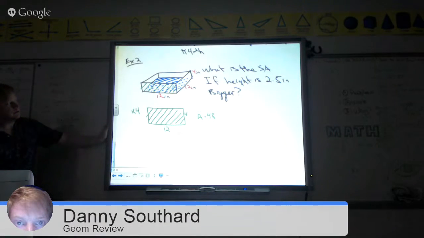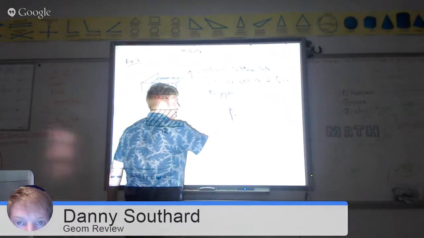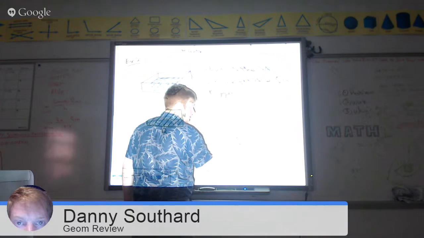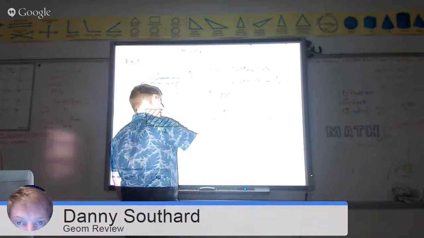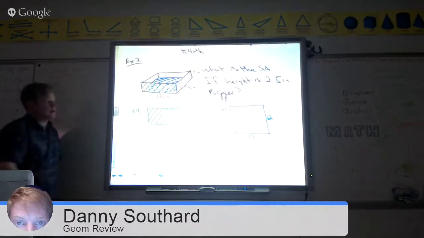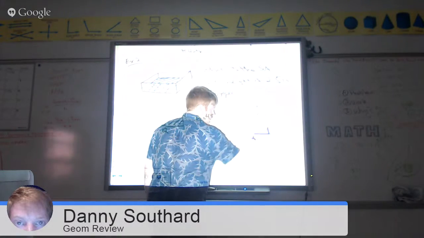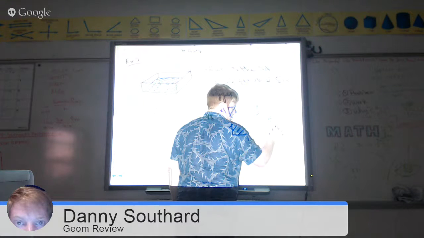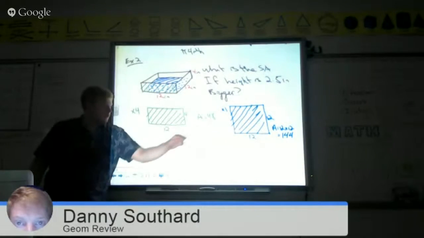Okay, and how many of those blue bases do I have? 1. It's an open box. So I have one of those, and its area is 144. So I have 4 of these, one of those, add them up.